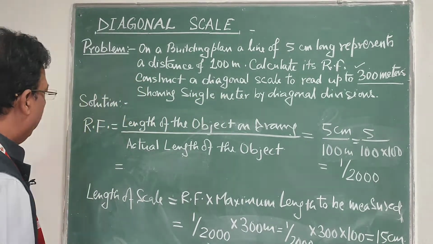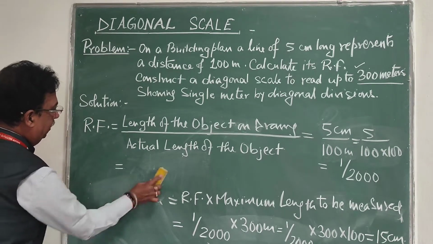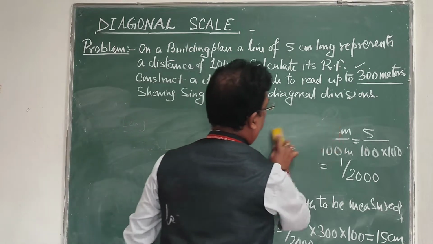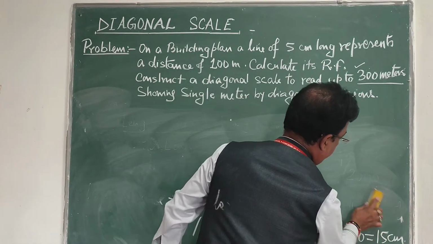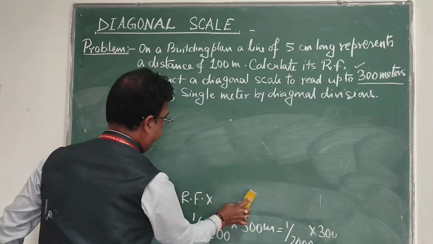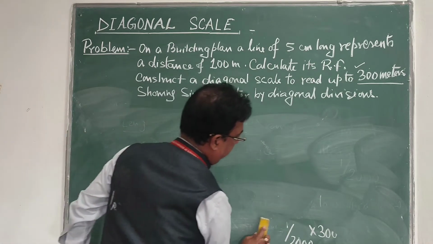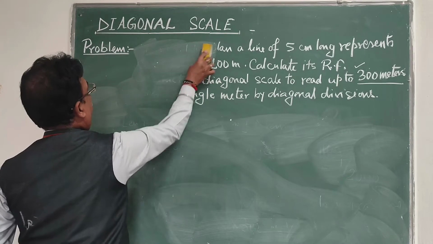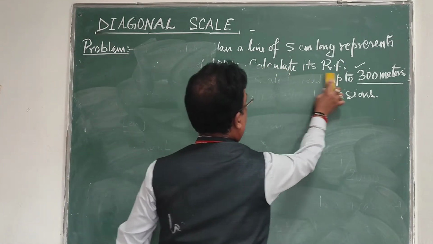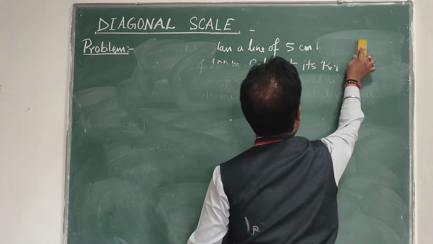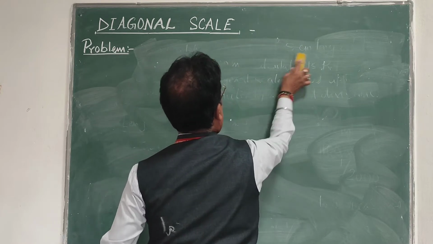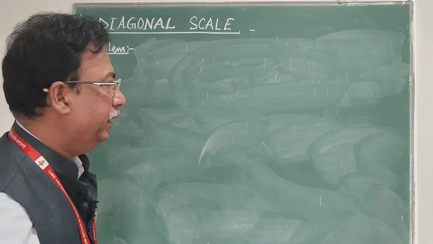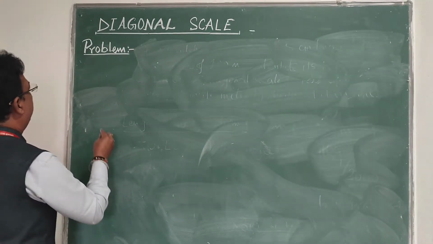Now if we want to go for a diagonal scale, in this problem, as they already told us, they want to measure minimum up to single meter. So minimum up to single meter means total length 300 meter, and if I want to go up to single meter, the 3 units should be 100 meter, 10 meter and 1 meter.